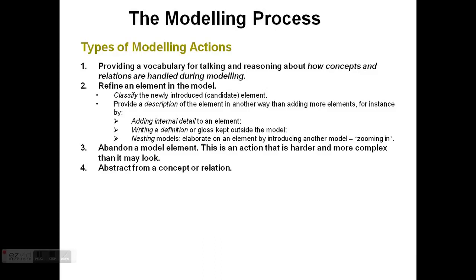Another thing we do as part of modeling action is abstract from concepts or relations. Importantly, this action is quite different from abandoning concepts or scrapping some details. Abstraction rather is the opposite of refinement. Abstraction can take place at two levels: abstract the whole concept or relation, or some internal details.